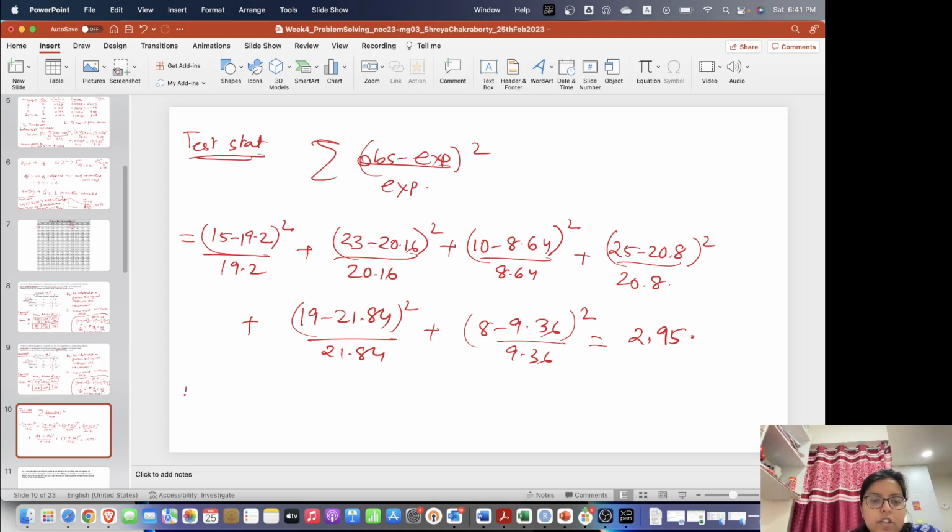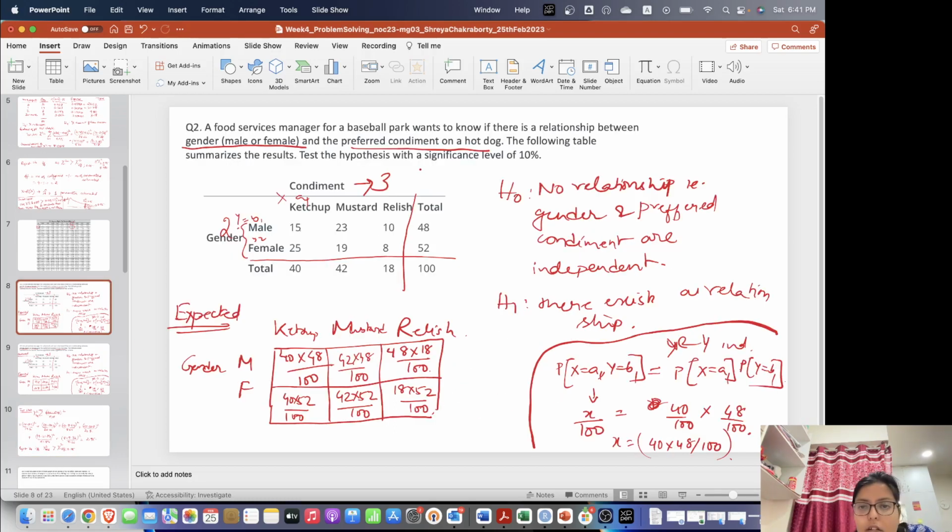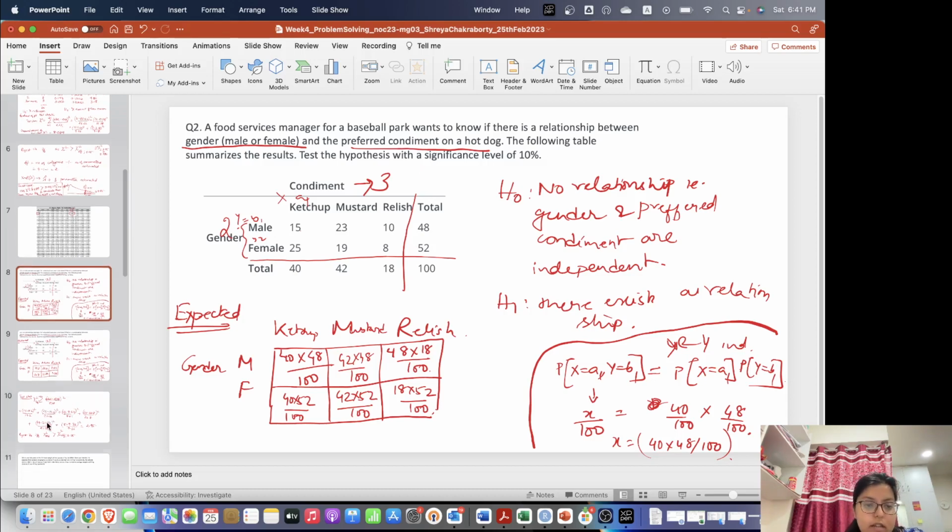So the rejection rule here is we'll reject H naught if and only if chi-square observed is greater than chi-square df, alpha, because we have been asked to test at a significance level of 10%.